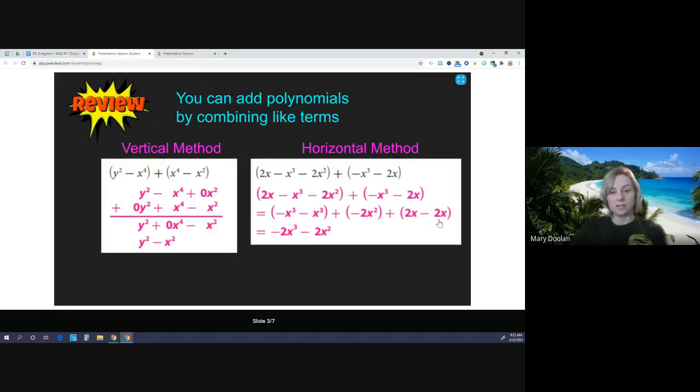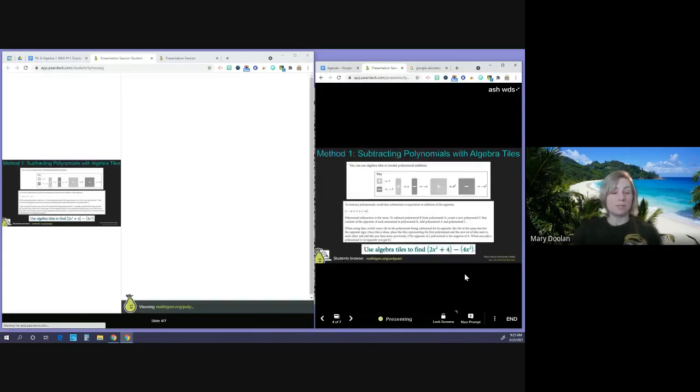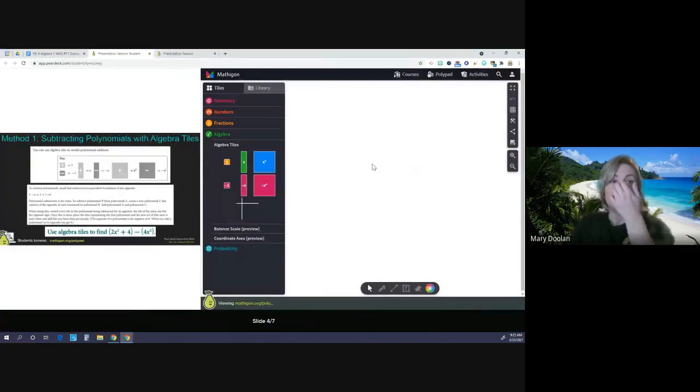And the 2 x terms are together in a set of parentheses, and then simplify each set of parentheses to get your simplified polynomial. So this is how we added polynomials, and we're still going to be essentially adding polynomials, because the way we subtract polynomials is we're just going to switch it to an addition problem. All right, so we're back in Mathigon.